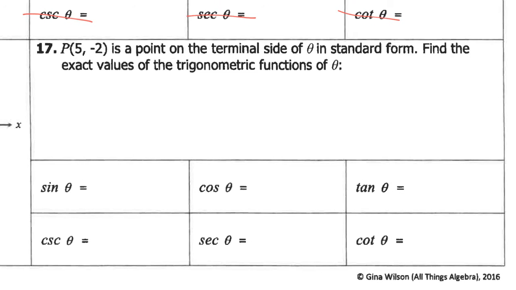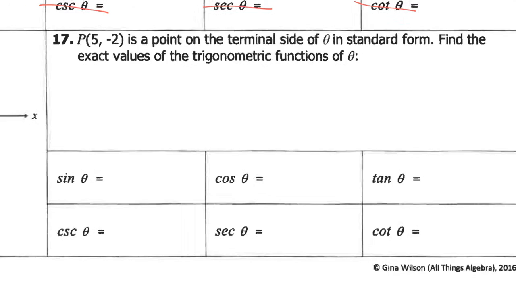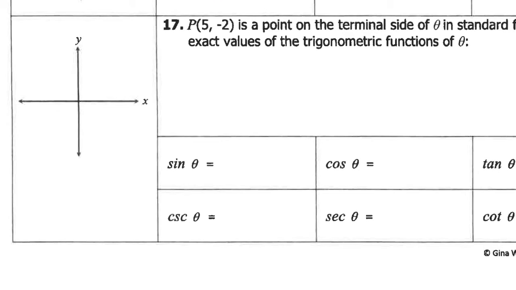Okay, these last ones are good questions. It says if P is (5, negative 2), it's a point on the terminal side of the angle theta in standard form. Find the exact values of the trigonometric functions of theta. So let's use our xy over here, or make your own there.